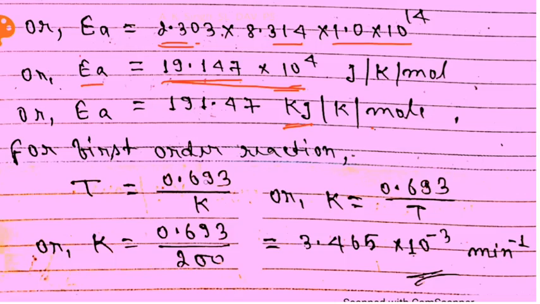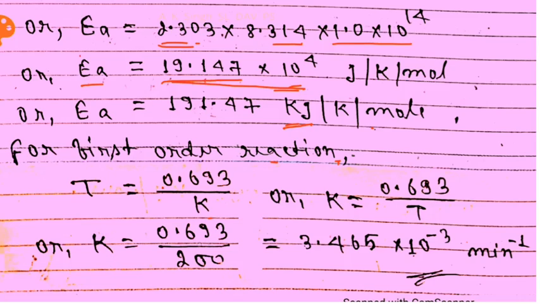Now for first order reaction, we have read that half life, that is capital T, is equal to 0.693 by K. Therefore K is equal to 0.693 by T, and T is given.